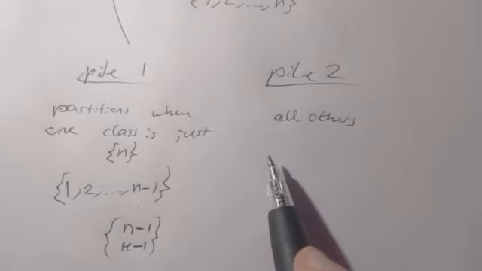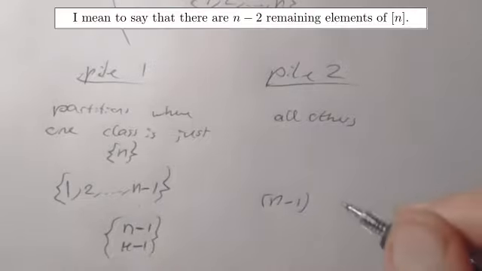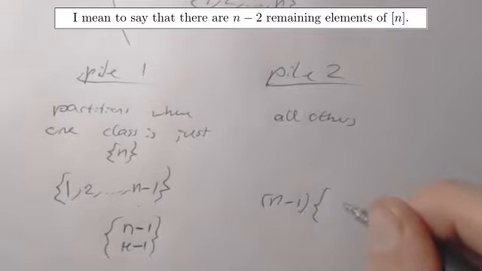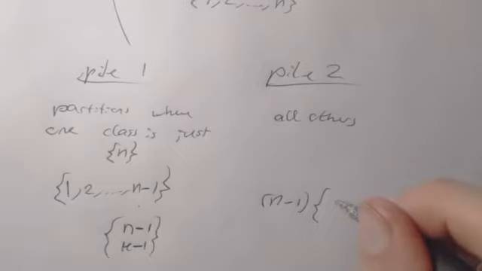I mean, n could be in a set of 2 elements, a set of 3 elements. If n was in a set of 2 elements, there would be n minus 1 choices of something to pair with n, and then there would be k minus 2 remaining things to form the rest of the partition.